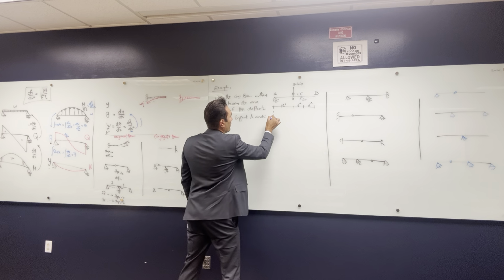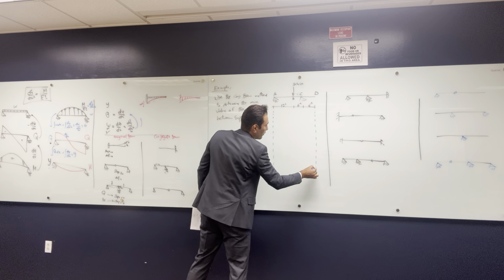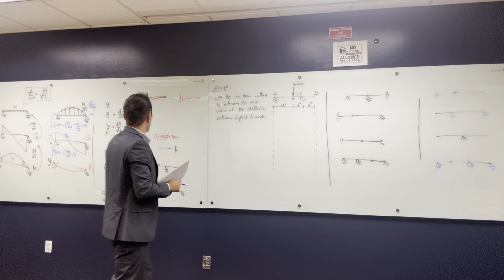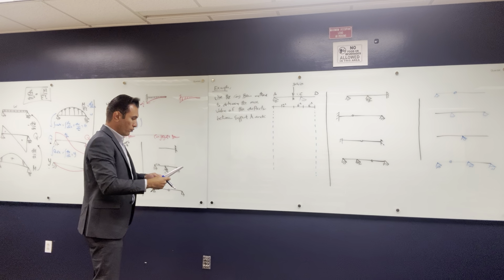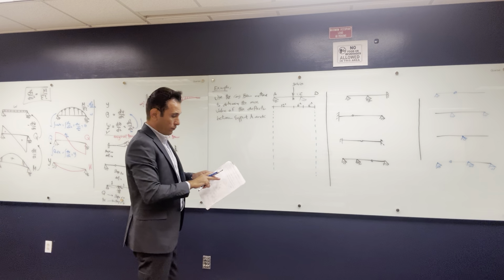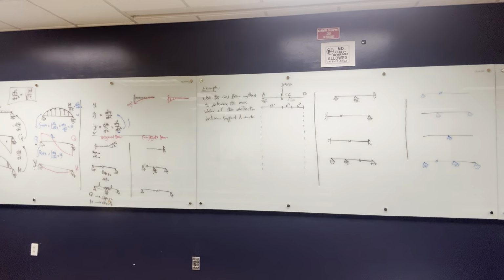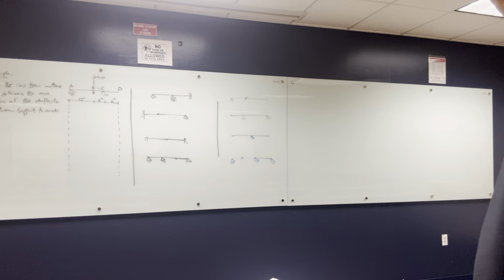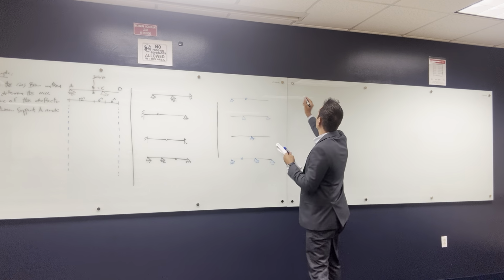Okay, step by step, I'm going to write right now the steps that you should follow when solving conjugate beams. Let me write them down. So the steps to solve conjugate beams, so that you don't forget.